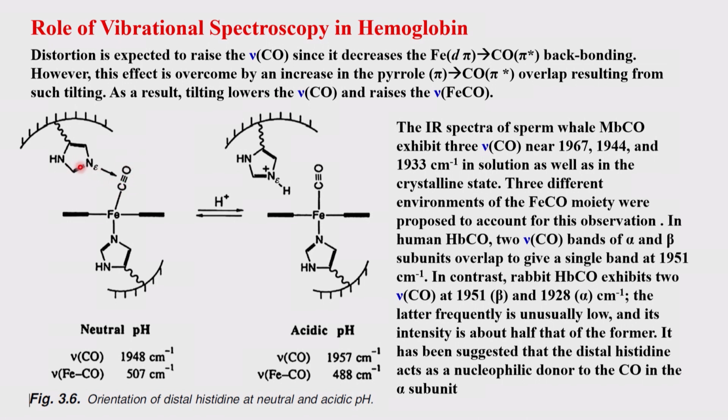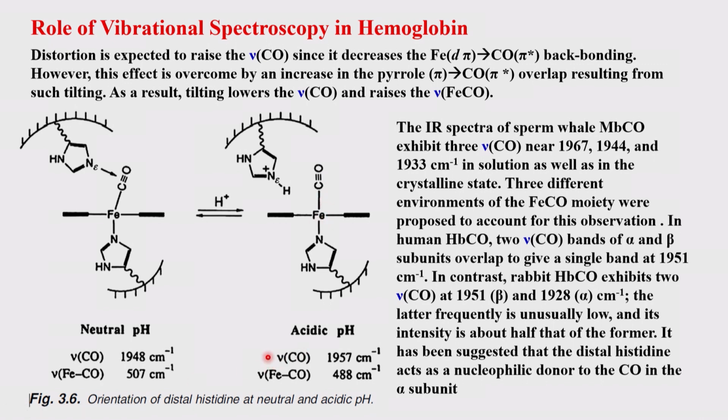Whenever you bring electron density into the pi star, the bond order goes down. Therefore, the force constant is reduced, and this frequency will be lowered, and this becomes stronger, and vice versa here. So, this is stronger and this is weaker.